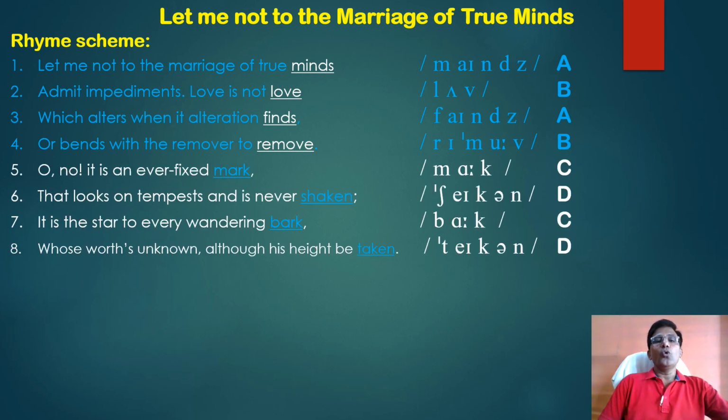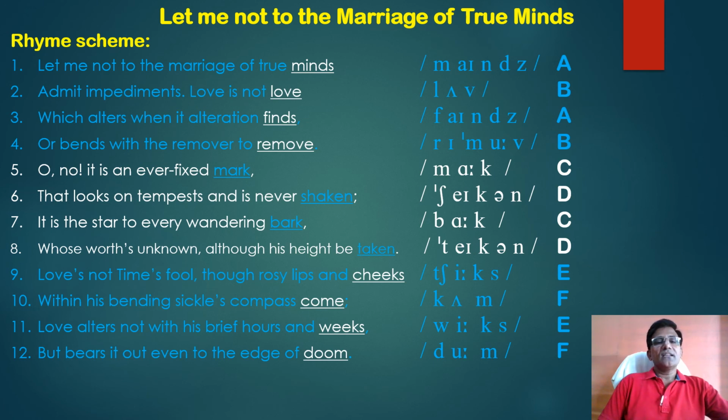Next quatrain: "Oh no, it is an ever fixed mark." See the last word of each line: mark, shaken, bark, taken. If you name the mark sound as C, then mark and bark are both C, and shaken, taken are D. So the rhyme scheme of the first 8 lines becomes AB, AB, CD, CD.